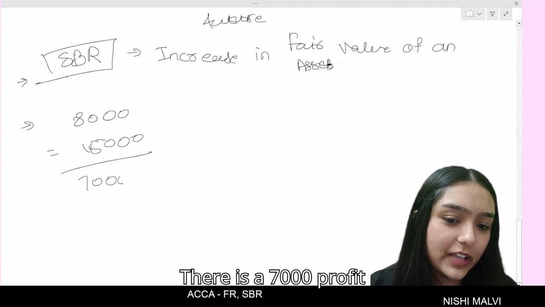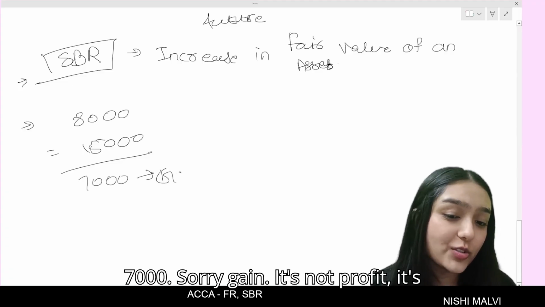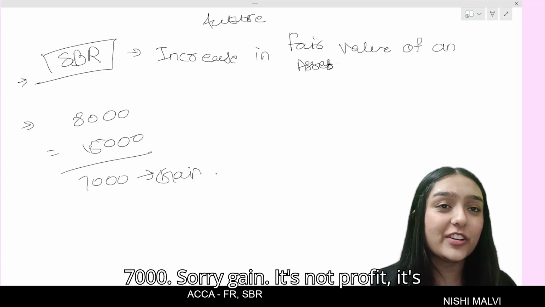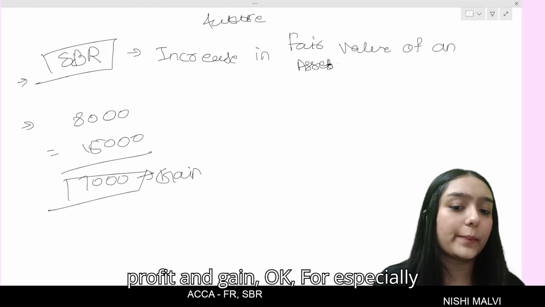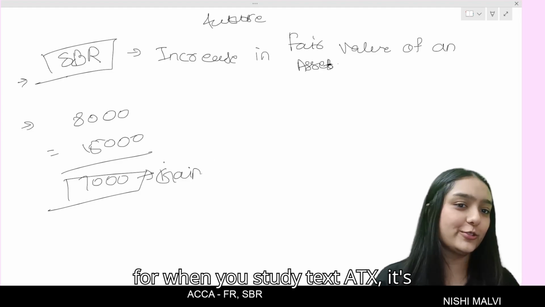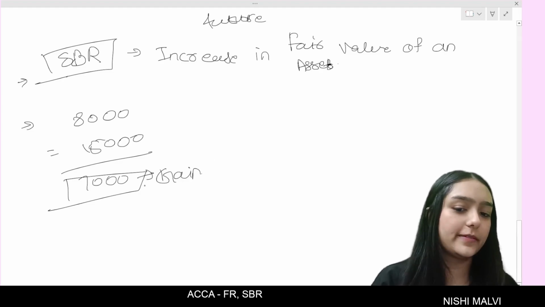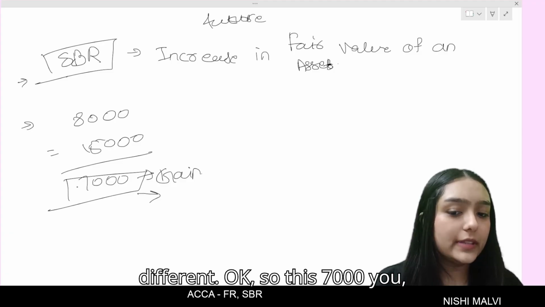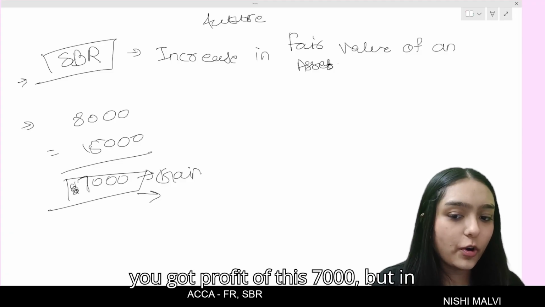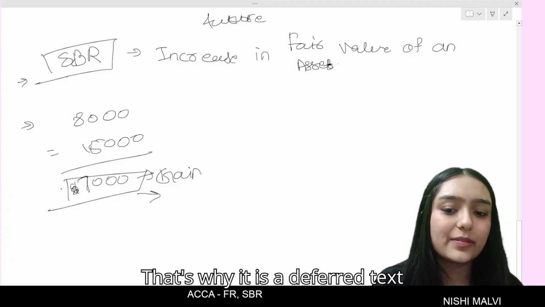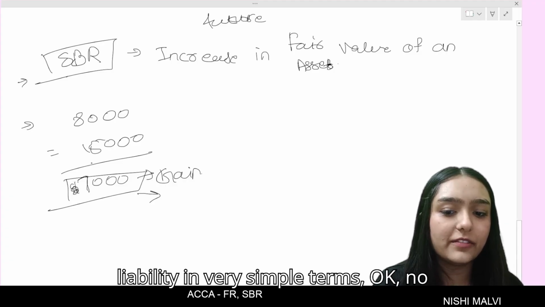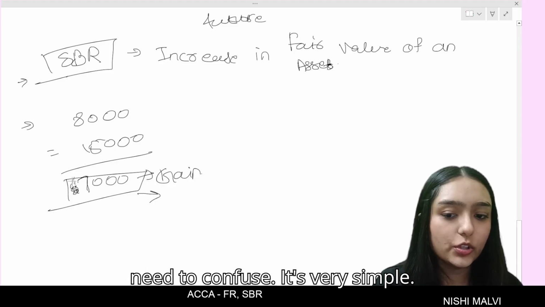There is a 7,000 gain. It's not profit, it's gain. Okay, there is a difference between profit and gain, especially when you study tax ATX, it's different. So this 7,000, you got as profit, but in future you'll have to pay tax on this. That's why it is a deferred tax liability in very simple terms. Okay, no need to confuse, it's very simple.